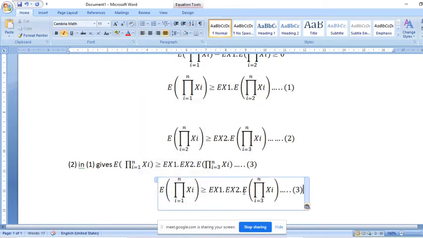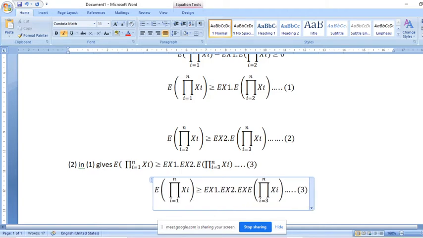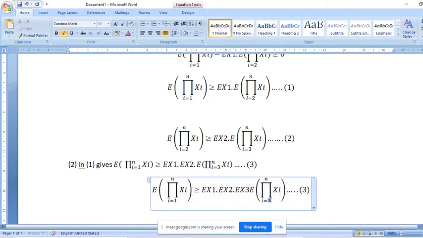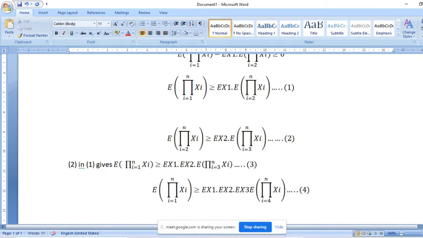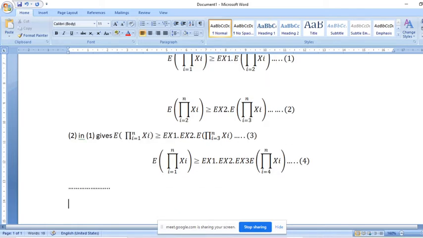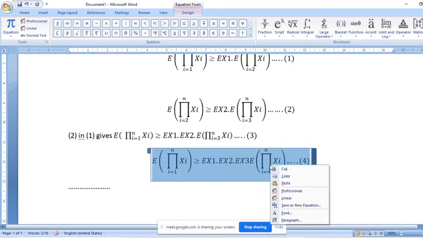Okay, expectation of x3 into the product from 4 to n, equation number 4 and so on. We can apply this formula up to the entire n, i equal to n.